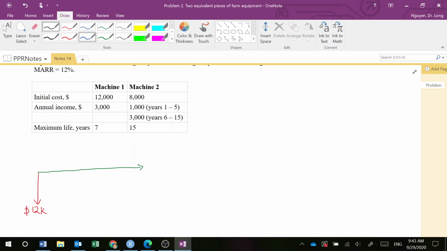So let's put the time scale in years: 1, 2, 3, 4, 5, 6, 7. That is 3,000 per year, and that is Machine 1.